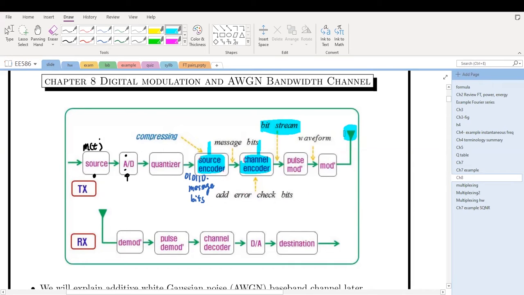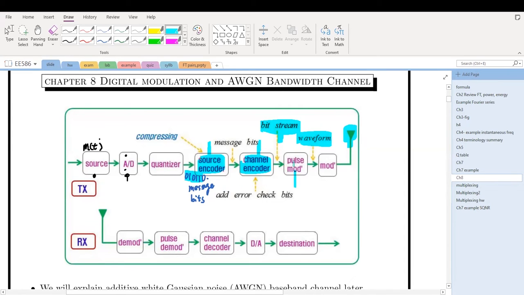Because an antenna cannot transmit digital bits, 0s and 1s, directly, an antenna transmits signals by electromagnetic wave propagation. So eventually, this antenna will transmit a waveform, from the bit message to the waveform.